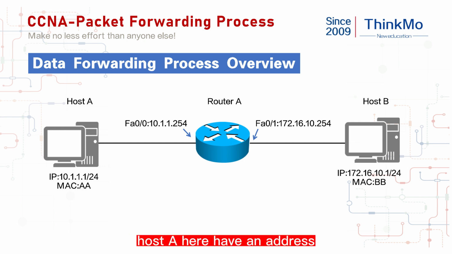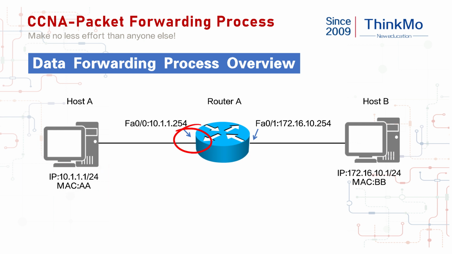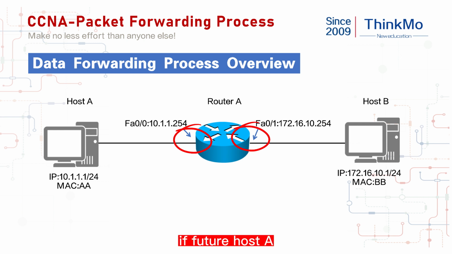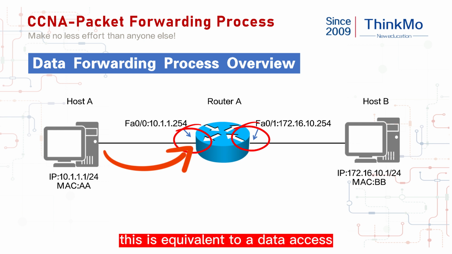Host A here has an address. Then the router side is the gateway of host A. The address of the right interface of the router is the gateway of host B. If host A wants to send data to host B, this is equivalent to a data access across network segments.